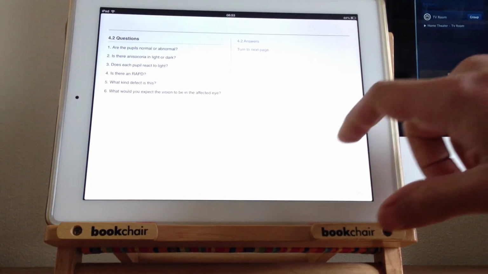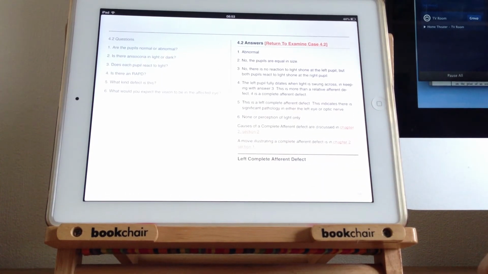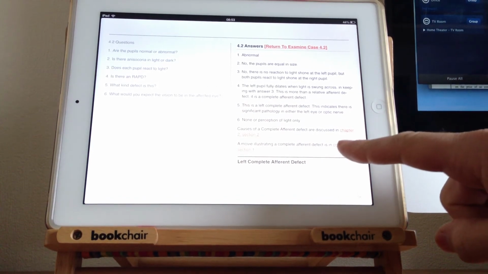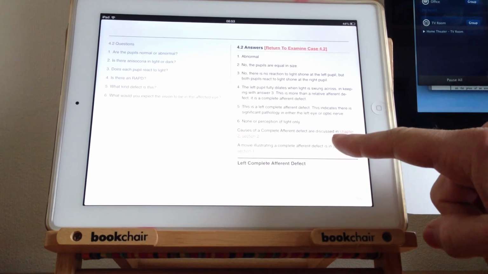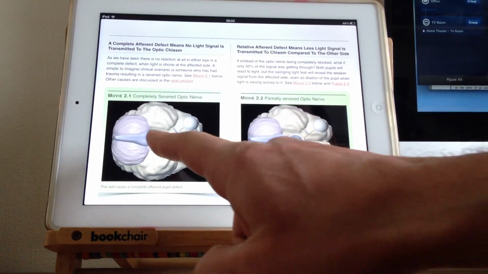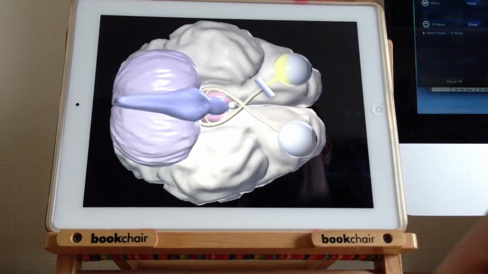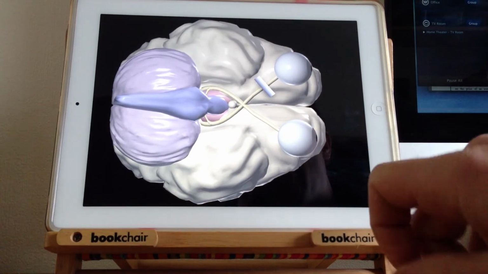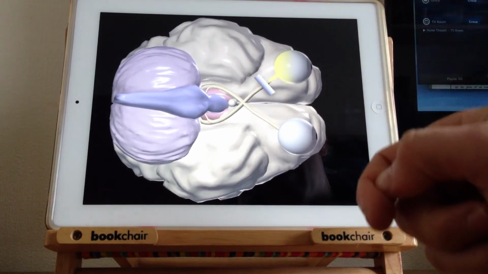And there's the answer section. We've just got an illustration of what an afferent defect might look like. So let's just quickly look here. If we have the signal coming in, this is looking from below at the brain with the optic nerves.